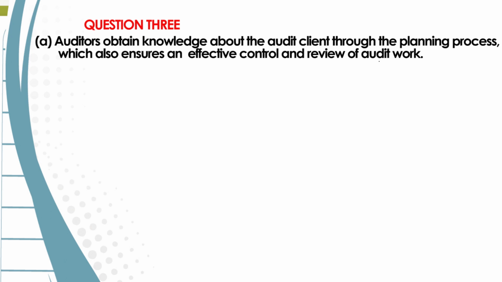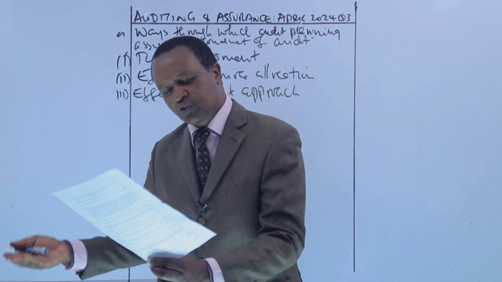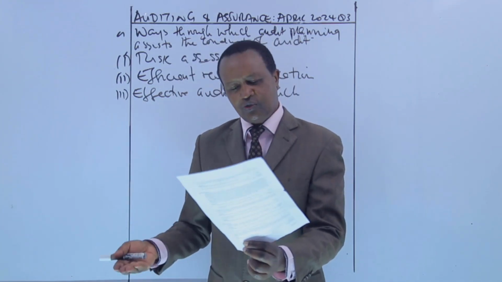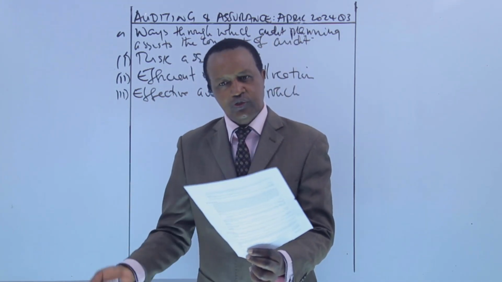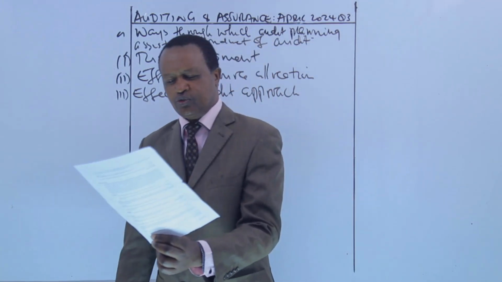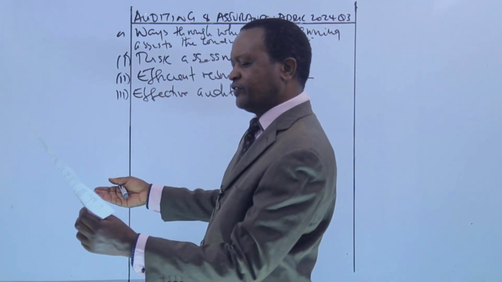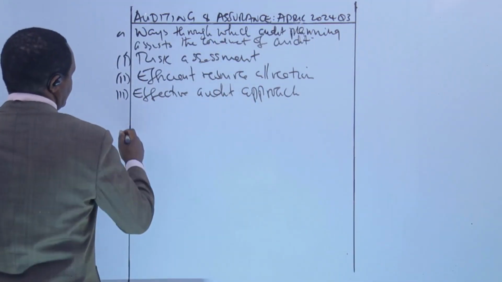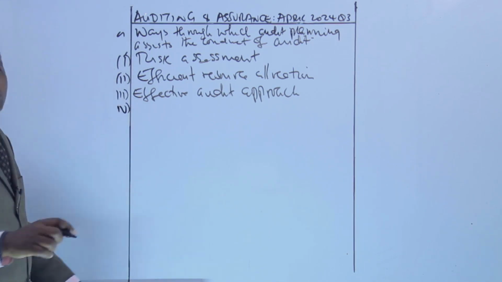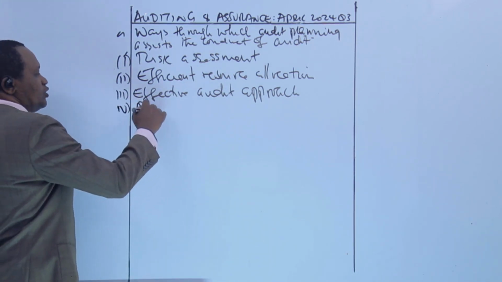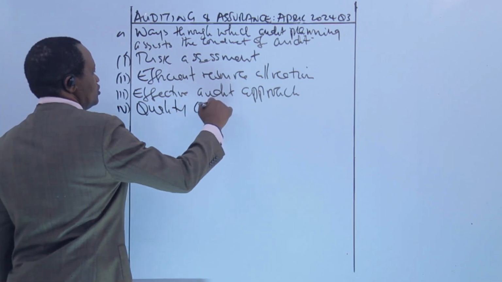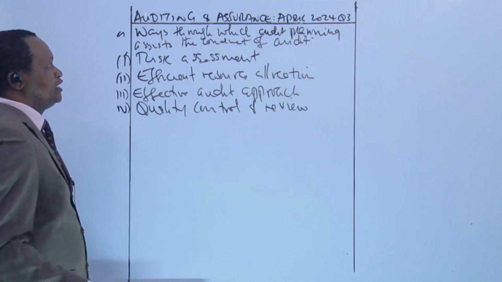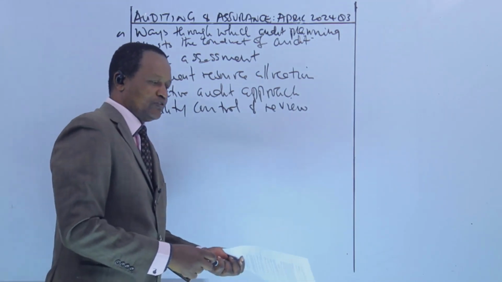It is the audit planning that ensures an effective control and review of audit work. So there is a point there on quality control and review. Effective control and review, but let me call it quality control and review. That is a way in which audit planning assists the conduct of an audit.